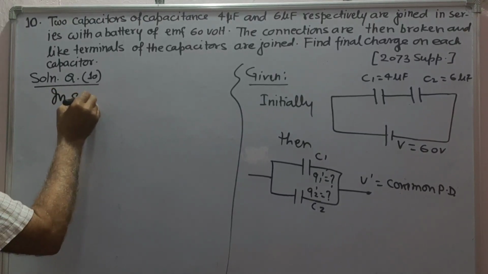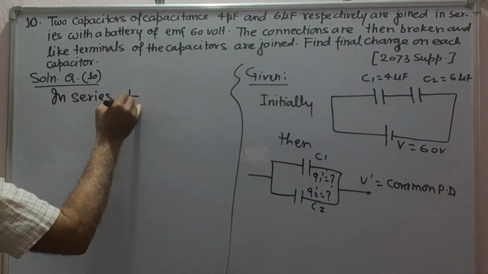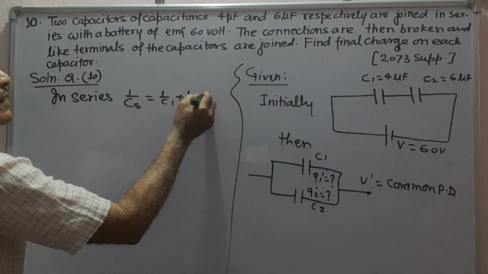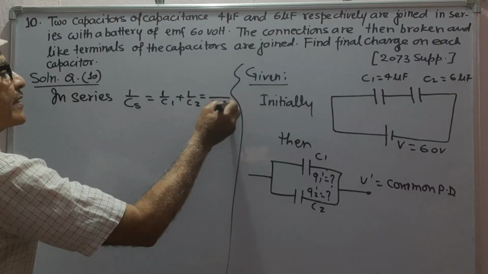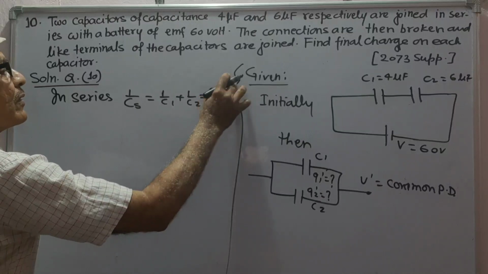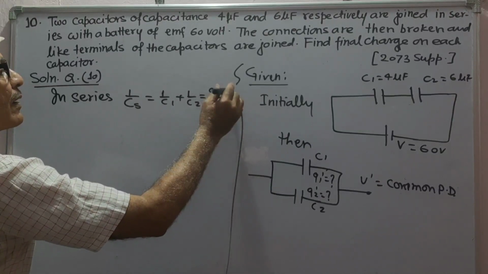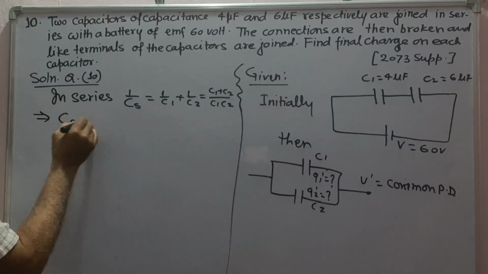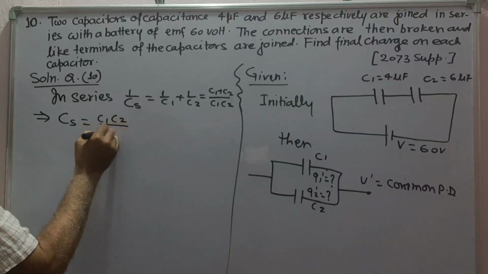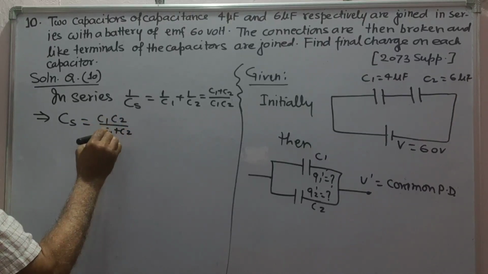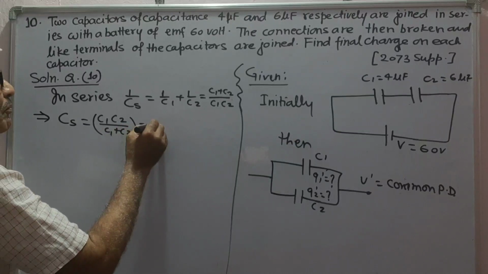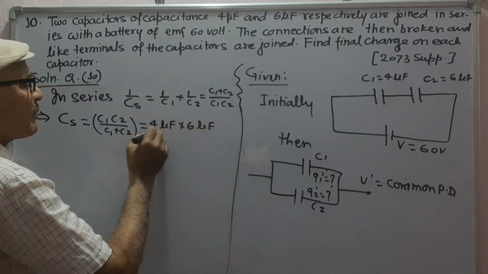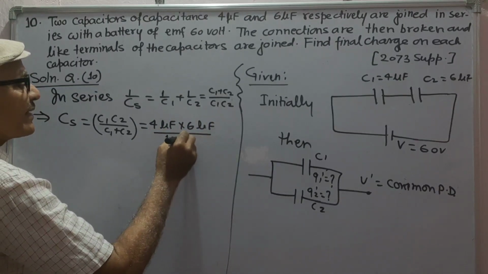In series, 1 upon C series will be equal to 1 upon C1 plus 1 upon C2. This is C1 plus C2 upon C1 C2, which gives C series as C1 C2 upon C1 plus C2. 4 microfarad into 6 microfarad upon 6 plus 4, means 10 microfarad.